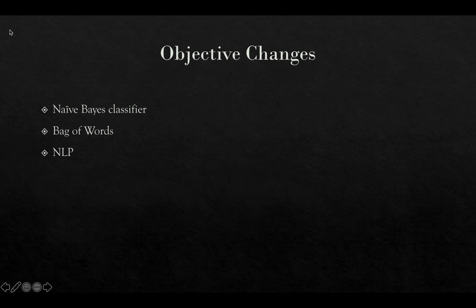The more I researched this method, the more useful it seemed to me. So this was extremely different from my original plan. My original plan was to start off with the naive Bayes classifier as well, but I decided to start off more simply with a logistic regression model, and then I'll work my way to my naive Bayes classifier. I also decided to use NLP early on, and I'll speak more on that on my next slide.